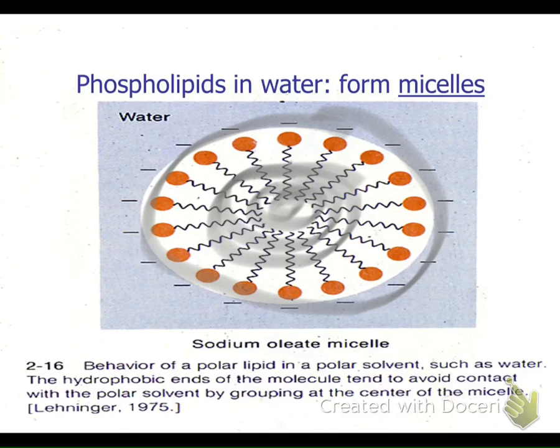And on the outside, all of those orange would be the phosphate heads, which themselves are negatively charged and would face out toward the water. So that's just simply the characteristic of all lipids. All lipids are non-polar. All lipids would not dissolve or are insoluble in water.